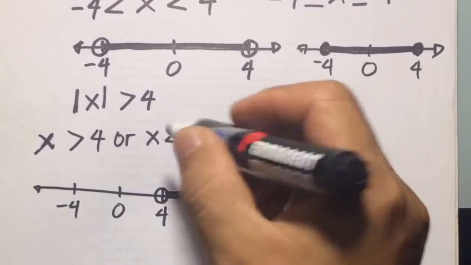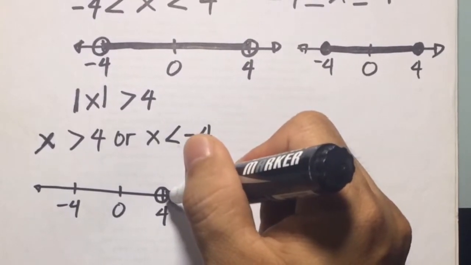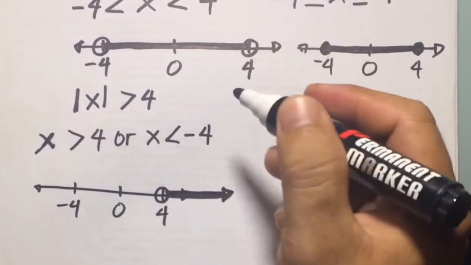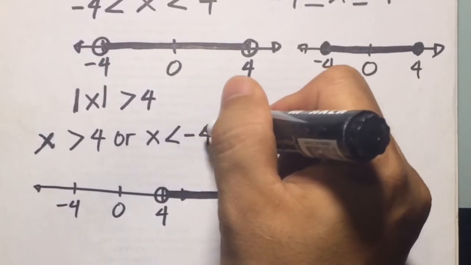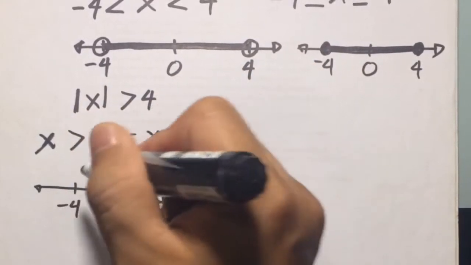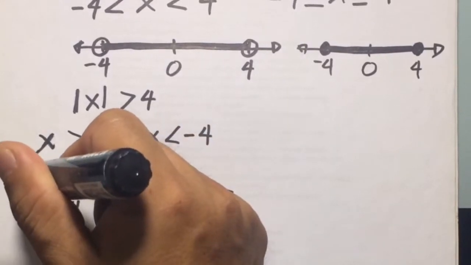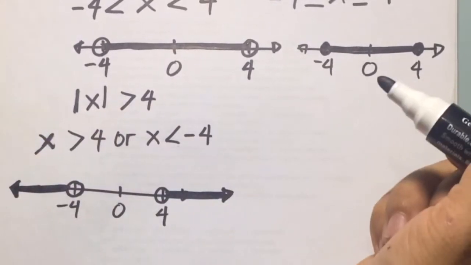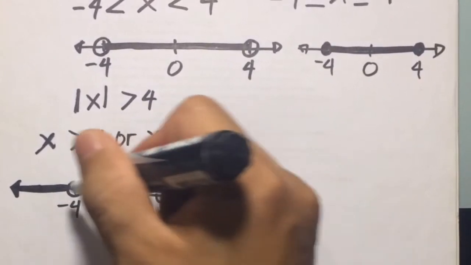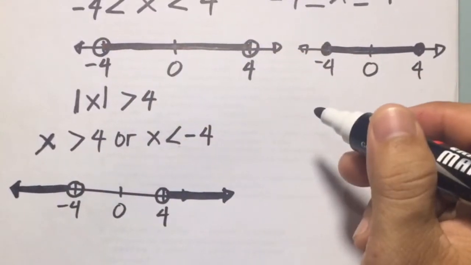This means that all of the values greater than 4 are solutions. And the other one, x is less than negative 4. So from negative 4 towards the left side of the number line. So this will be your graphical solution of the inequality.